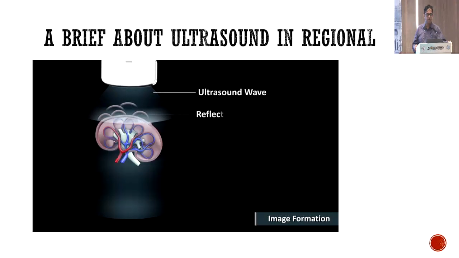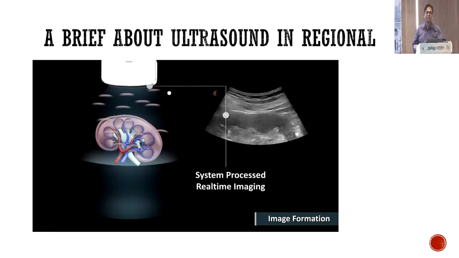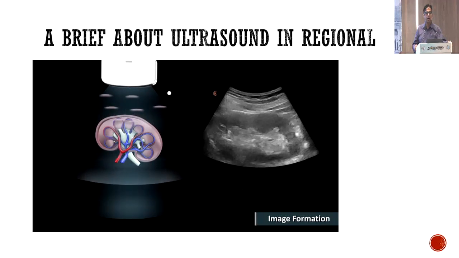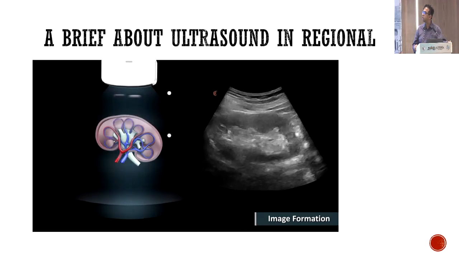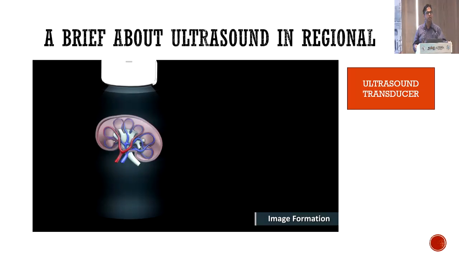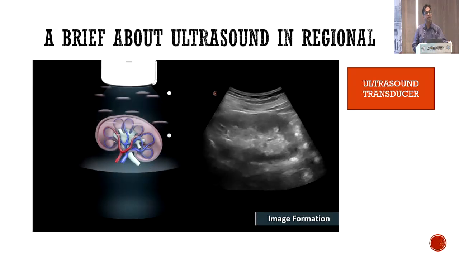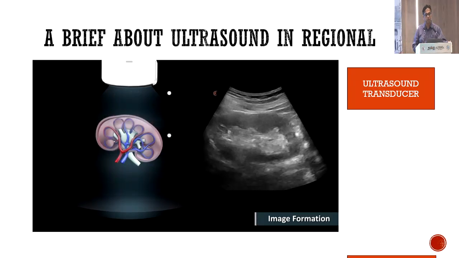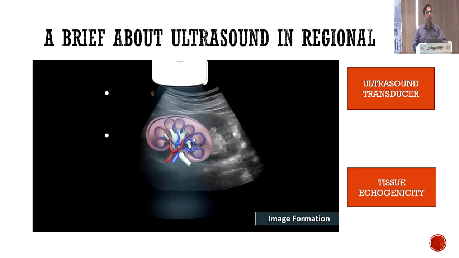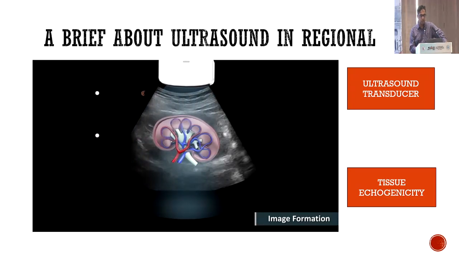So ultrasound waves are there, then they are reflected sound waves, and these reflected sound waves are perceived by the probe to process an image. So there are two important things in that. Number one, the transducer, and number two, the tissue, and we also call it tissue echogenicity. So what is the echogenicity of the tissue?